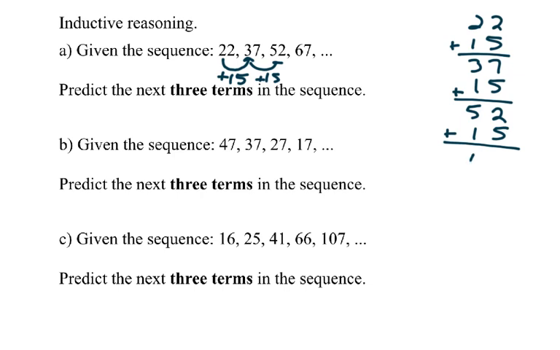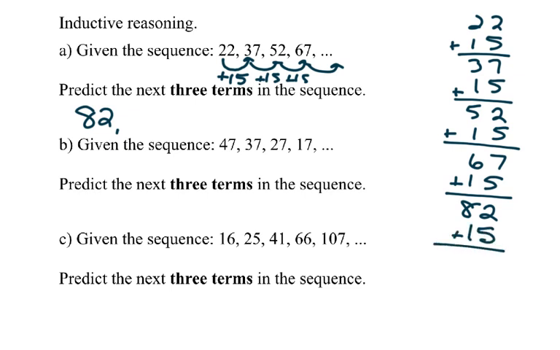52 plus 15 is 67. 67 plus 15 gives us 82. 82 plus 15 gives us 97. 97 plus 15 gives us 112.